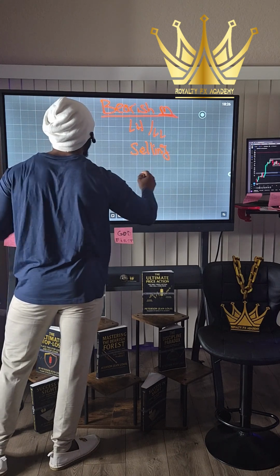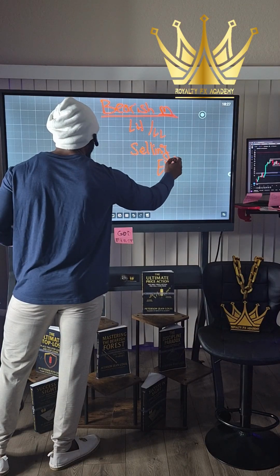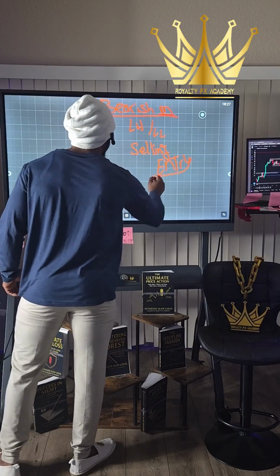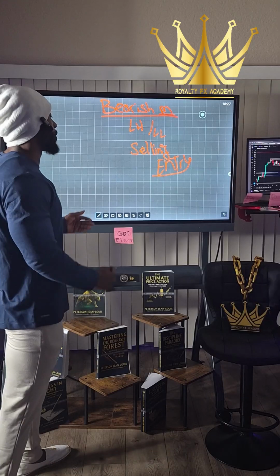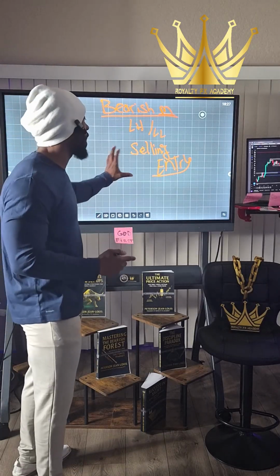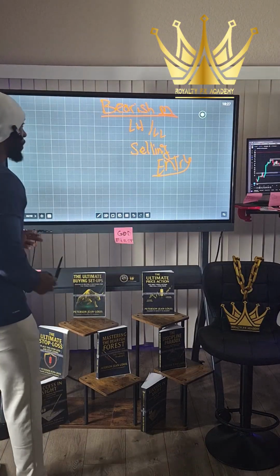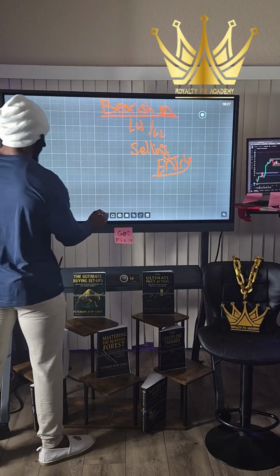So in a downtrend market or a selling market, you look for selling entry points. You want to ask yourself the next question: where exactly am I looking for these selling entry points? At what point am I looking for them? Where does the market go to give me these points?